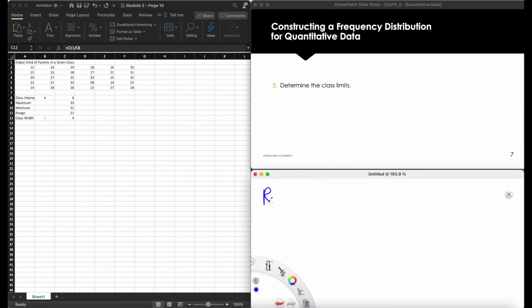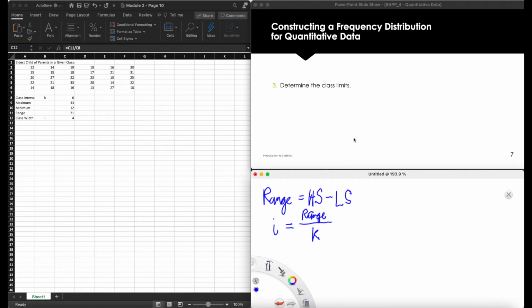So range is equal to the highest value, let's denote that as HS, minus the lowest value. And your class width I is equal to your range all over your number of classes, which is K. So just take note of that.